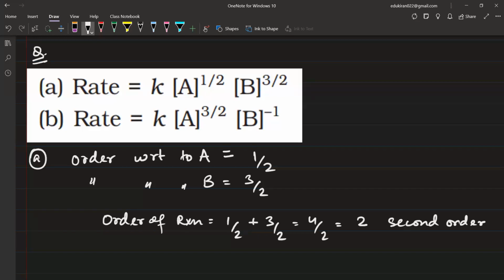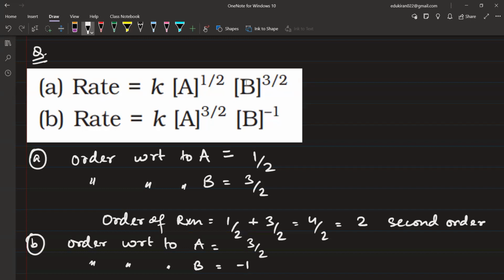Similarly for B, tell me order with respect to A is equal to how much? 3/2. And order with respect to B, Rabia, tell me how much? -1. Yes, Rabia, -1.